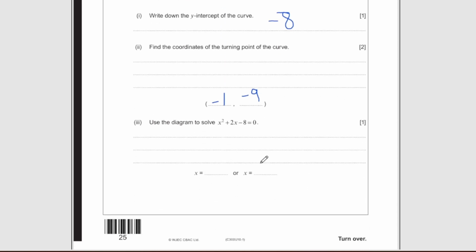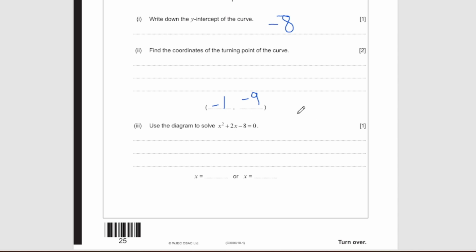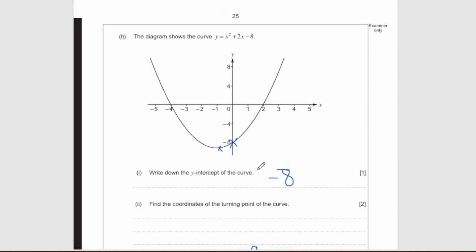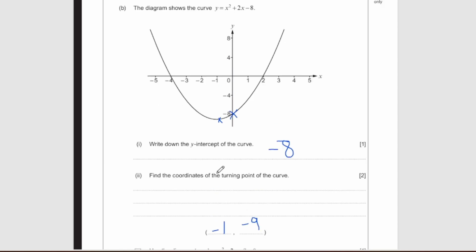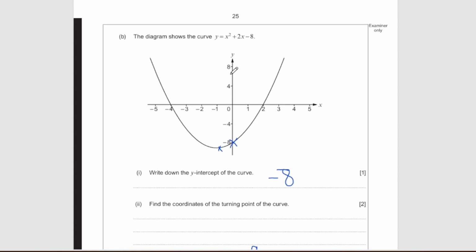Use the diagram to solve x squared plus 2x minus 8 equals 0. So if we have a look at our graph, we've got x equals something or x equals something else. x squared plus 2x minus 8 equals 0. 0 on the y-axis is here. So we've got two coordinates, this one and this one.